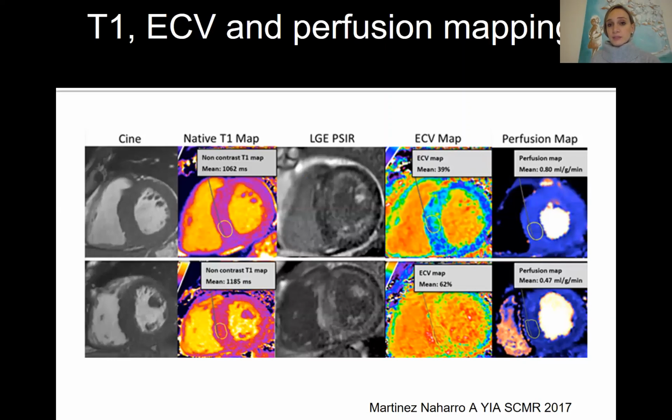But can we do something else with CMR to fully understand the disease pathophysiology? When we started to do myocardial perfusion, but more specifically myocardial perfusion mapping, we noticed that there was a significant reduction in myocardial perfusion in patients with cardiac amyloidosis, and the reduction was so severe as to be comparable only to patients with 3-vessel disease.